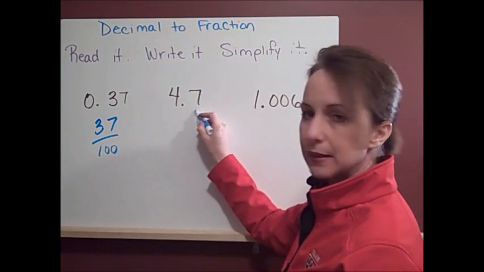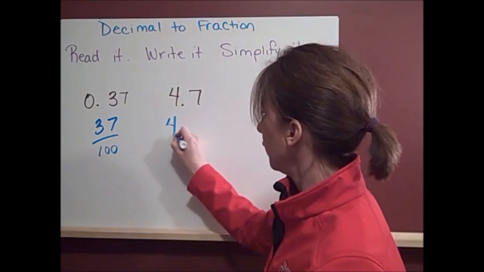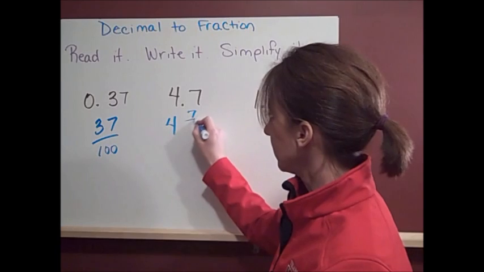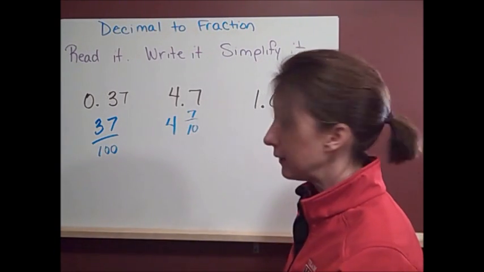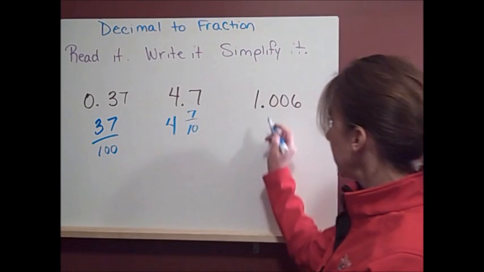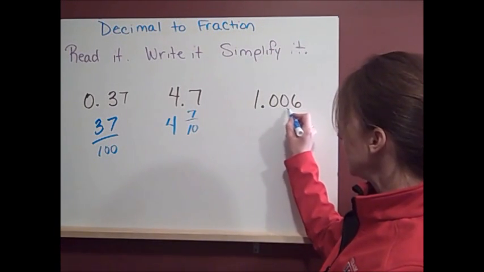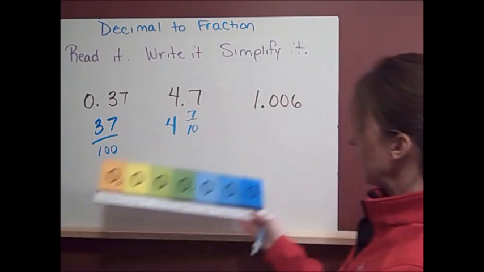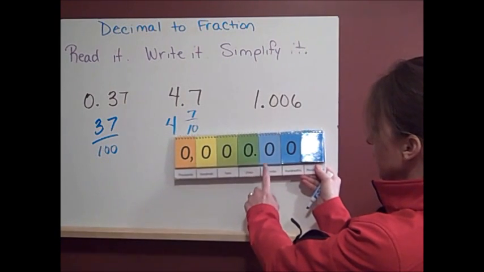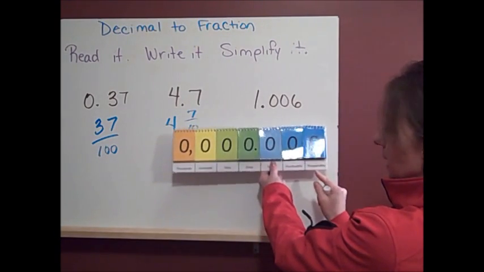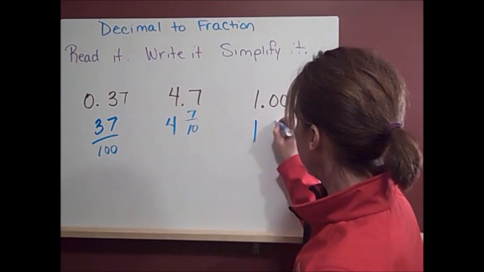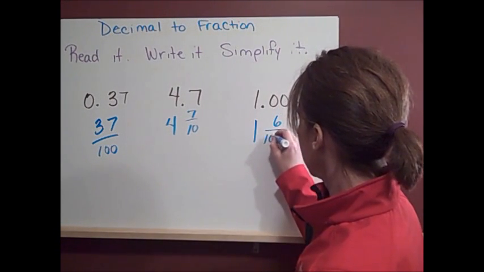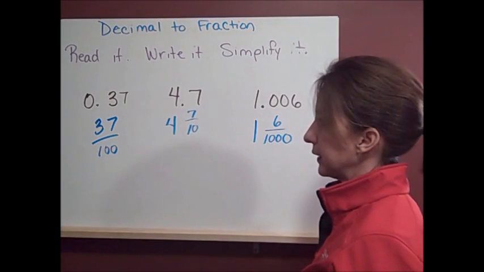4 and 7 tenths. I read it, I wrote it, it's already simplified. 1 and 6, looking at my place value chart, 3 digits after the decimal is the thousandths. 1 and 6 thousandths.